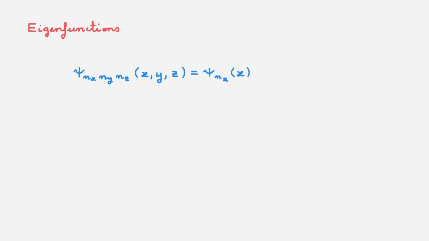But before we launch into the degeneracy, let's briefly look at the eigenfunctions of the system, which will also prove necessary for our discussion. From the video on the general three-dimensional quantum harmonic oscillator, we know that the eigenfunctions psi nx, ny, nz of x, y, z are simply given by the product of the eigenfunction of a 1D harmonic oscillator along x, a 1D harmonic oscillator along y, and a 1D harmonic oscillator along z.